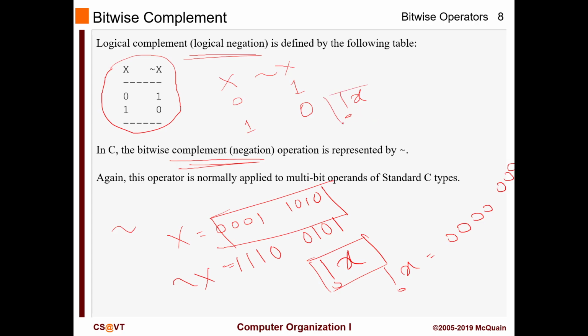In this case, this is a Boolean operation, a not operation. What it's going to do is, if it's true, it's going to turn it into false. If it's false, it's going to turn it into true. But this one basically switches all the bits. So this and this are not the same.